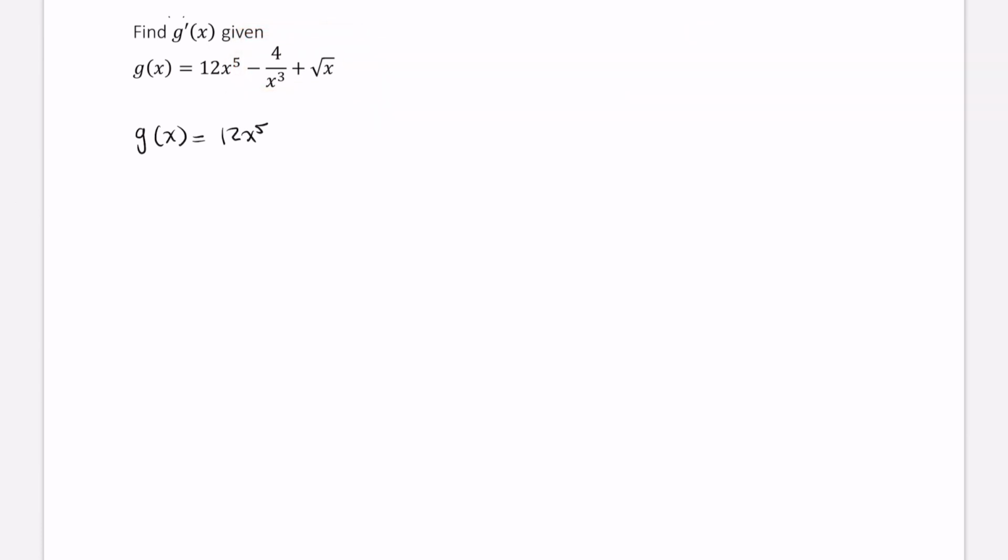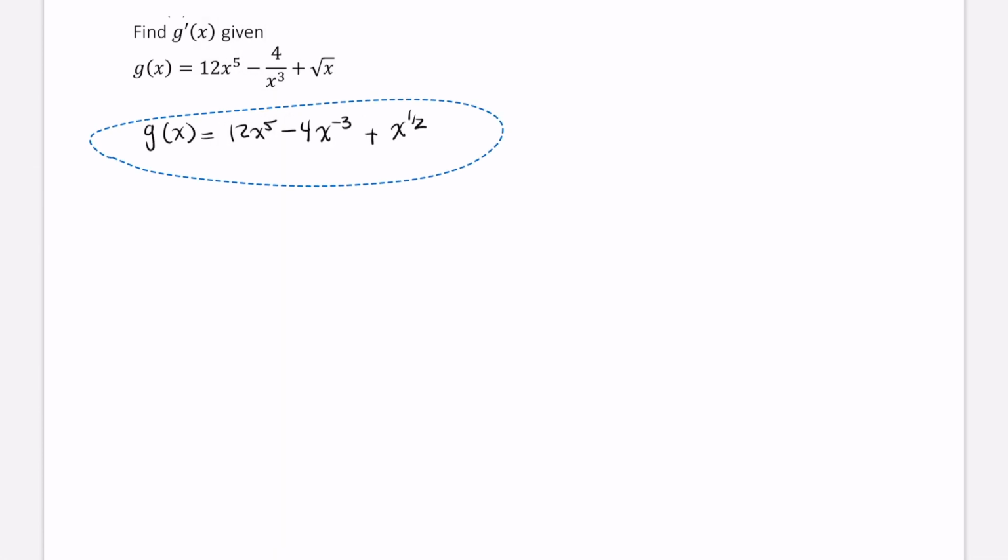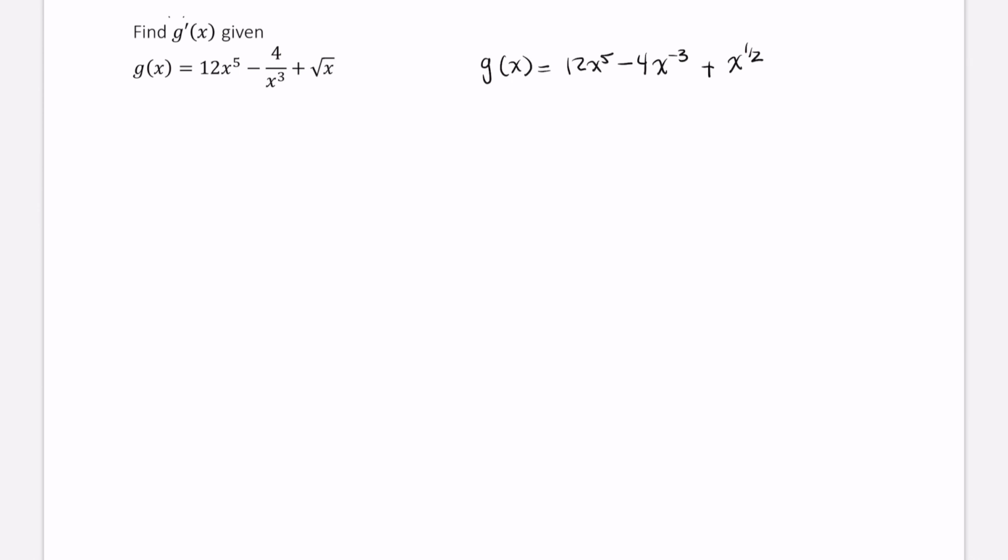So this middle term, minus 4 over x cubed, I can write as minus 4 times x to the negative 3 power, plus the square root of x is the same thing as x to the 1/2 power. And actually, I'm going to quickly move this to the side so I have space for my derivative.